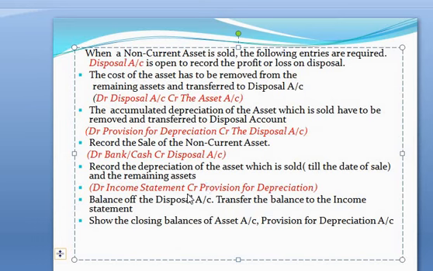Obviously, you will debit income statement and credit provision for depreciation, and then you can balance off the disposal account so that you can transfer the balance to the income statement either as an expense or as an income, right? Then you have to balance off the remaining accounts, meaning the asset account and the provision for depreciation account. The disposal account will be closed.